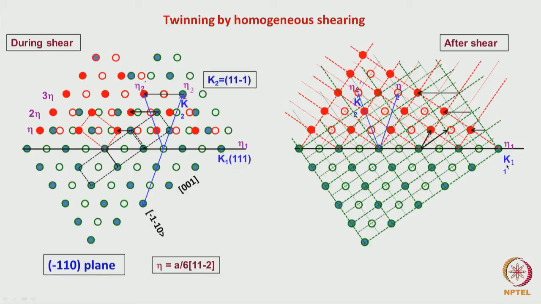And here this is the plane which is the K1 plane. This is called the composition plane, and the shear is always given as a simple, homogeneous shear in this direction. So it generates in the deformed crystal the K2 plane, which has also rotated but is undistorted.